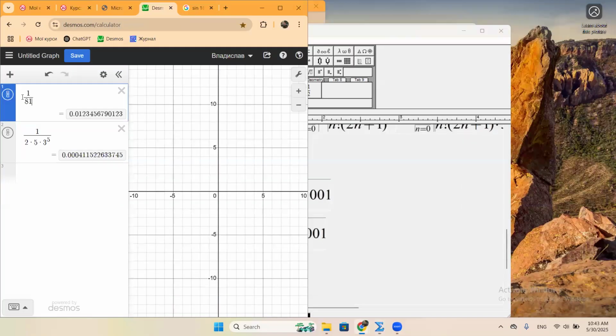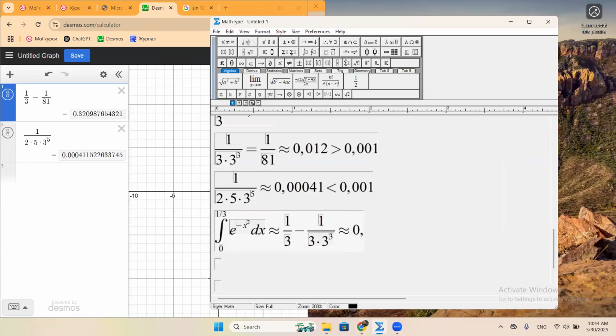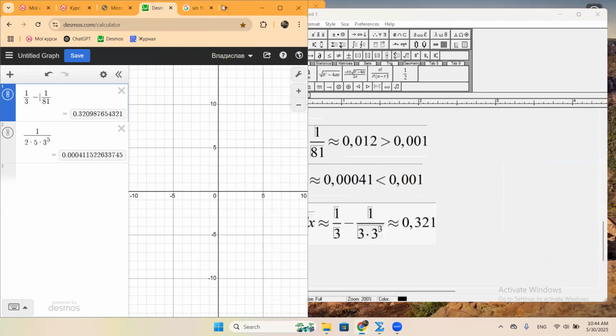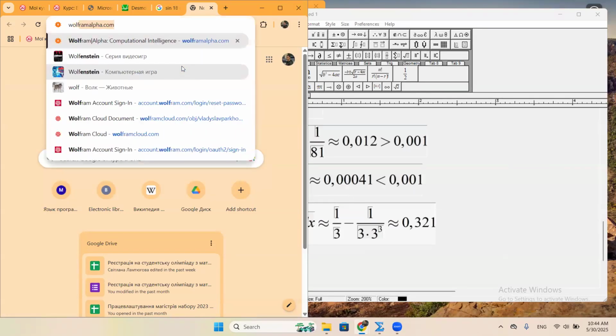And let's calculate. So 1/3 minus 1/81 equals about 0.321. So this value. And now let's check with computer mathematics systems. So for example, Wolfram Alpha, that we already know.